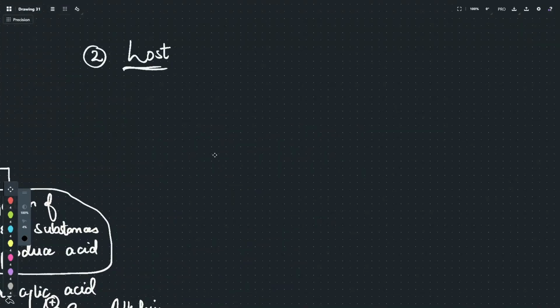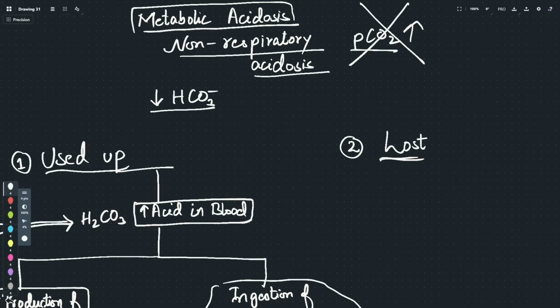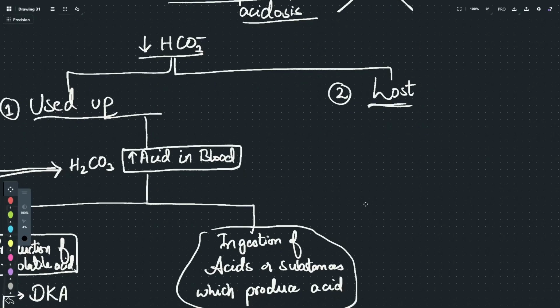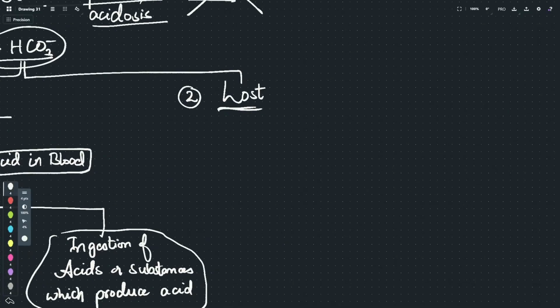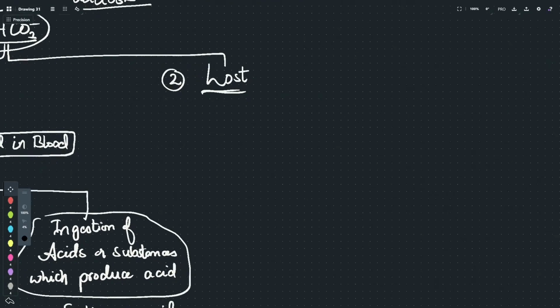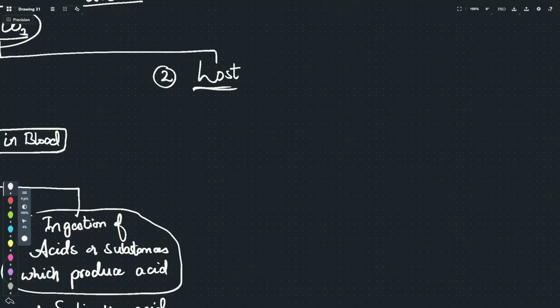Now let's come to this part. This one is slightly trickier. Okay, let's write it here like this and then try to understand it. So now, how can bicarbonate be lost? Well, what are the sources from which anything can be lost?